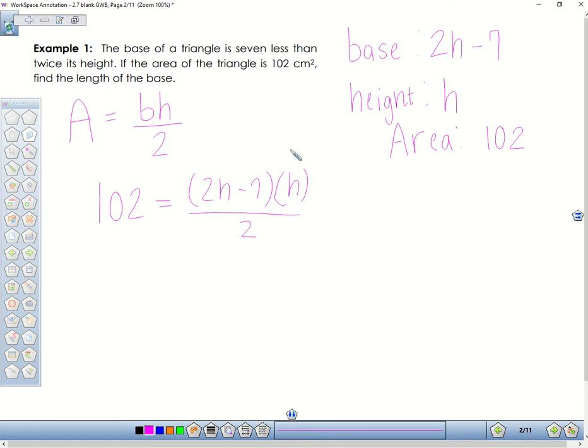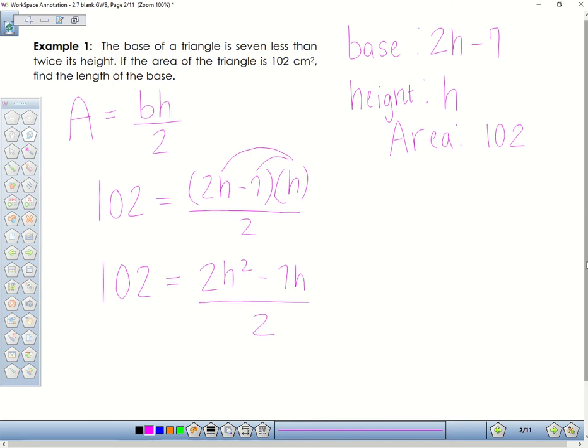Now over here, I'm going to use distributive property. It's kind of weird with the monomial being last, but you're just going to distribute, and that's going to be 102 equals 2h squared minus 7h all over 2.